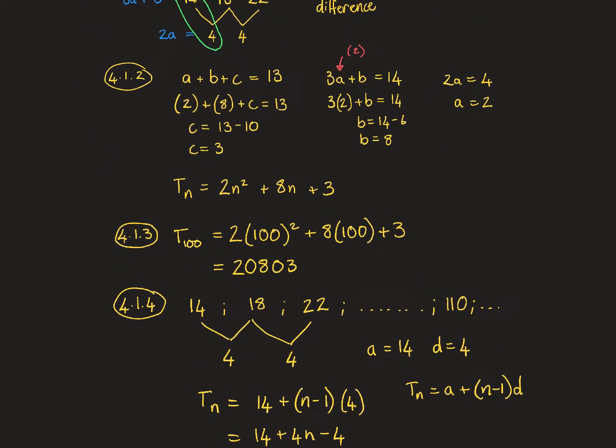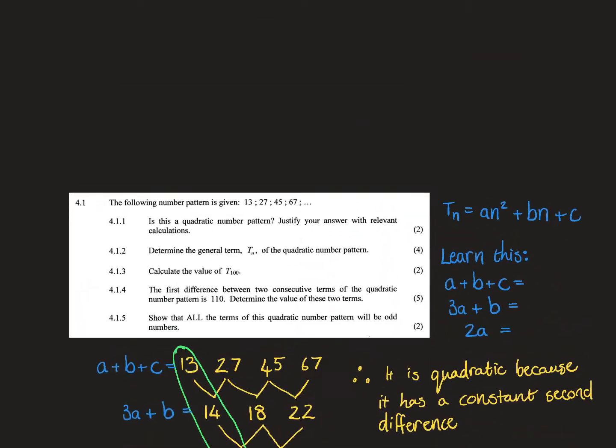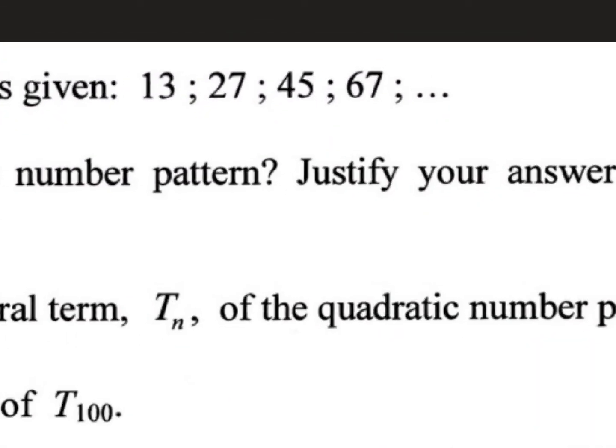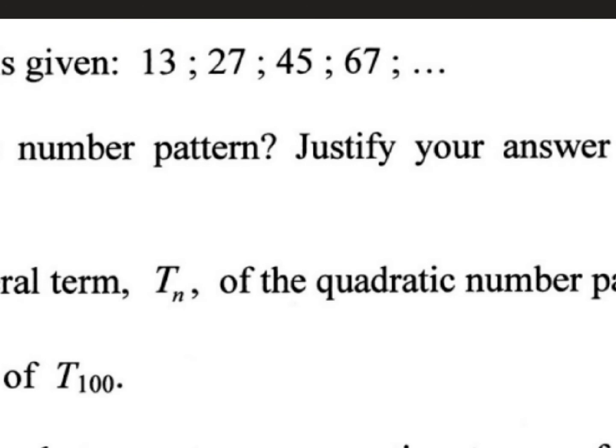Let's conceptualize that a little and go back to this over here. The first difference over here we know was 14, and then we knew it was 18, and then 22, and it would have been 26, and then 30.